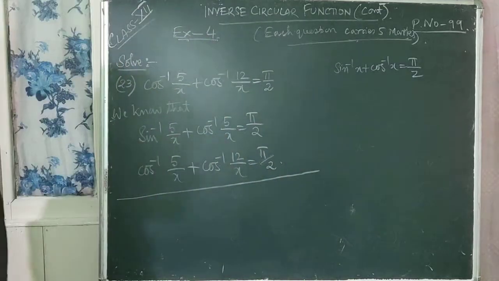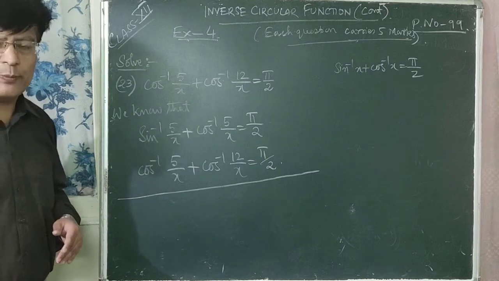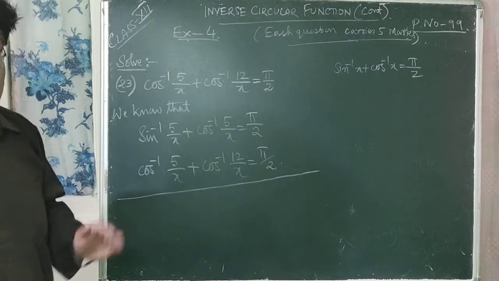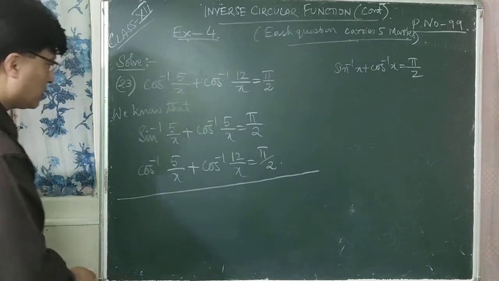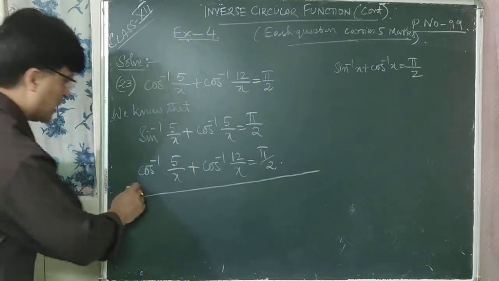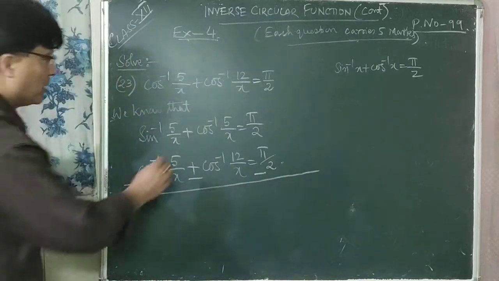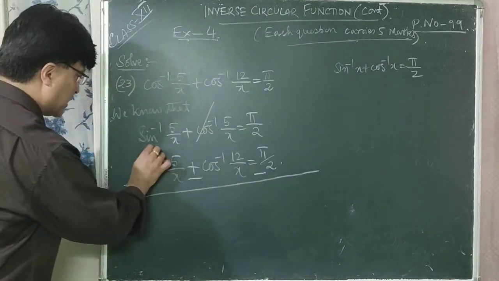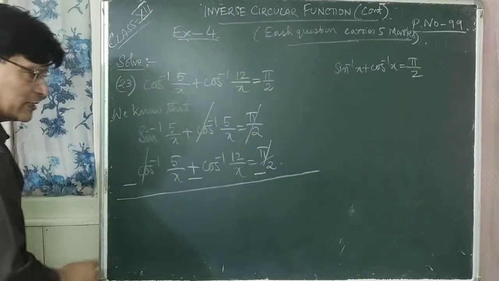So now what will you do with these two equations so that it will be easier for you to simplify it? We have to subtract them. Okay. If you subtract, you have to change the sign, minus. Now this cos inverse 5 by x gets cancelled. This pi by 2 also gets cancelled.